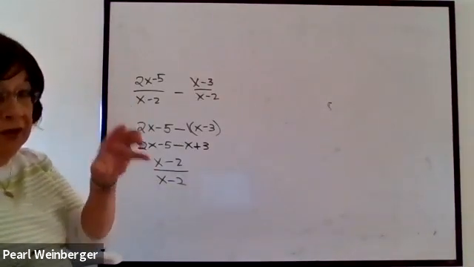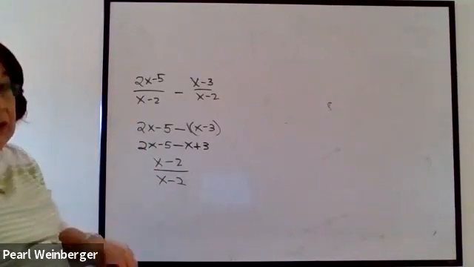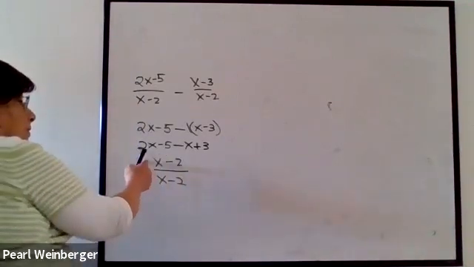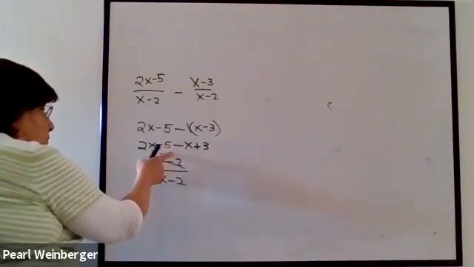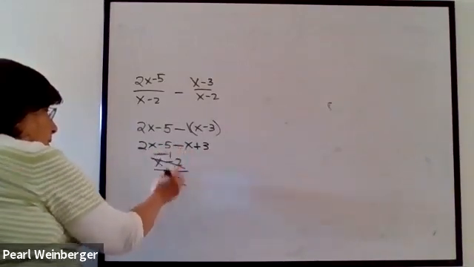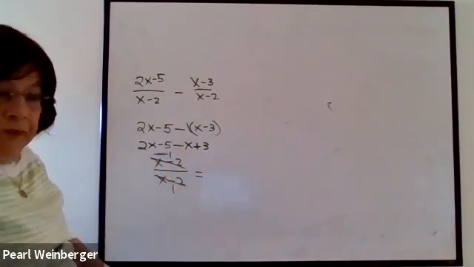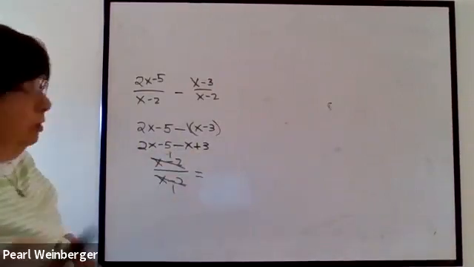Remember, after I've done that, after I've combined them, I then see, can I reduce this fraction? And yes, this can be reduced because I can divide top and bottom by x minus 2. So this will give me a 1 on the top, a 1 on the bottom, which is 1 over 1, or just 1.